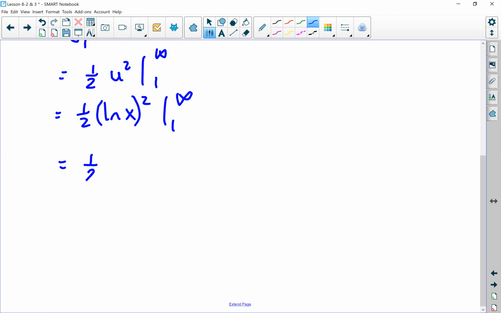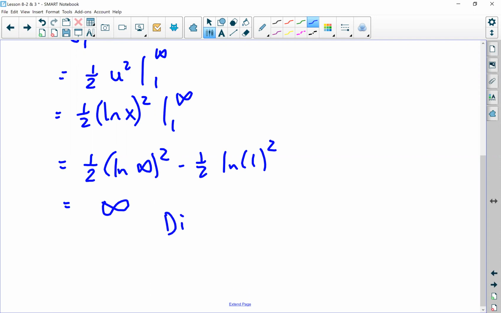So this would be 1/2 ln of infinity squared minus 1/2 ln of 1 squared. And as ln goes to infinity, that goes to infinity. So this would be divergent.